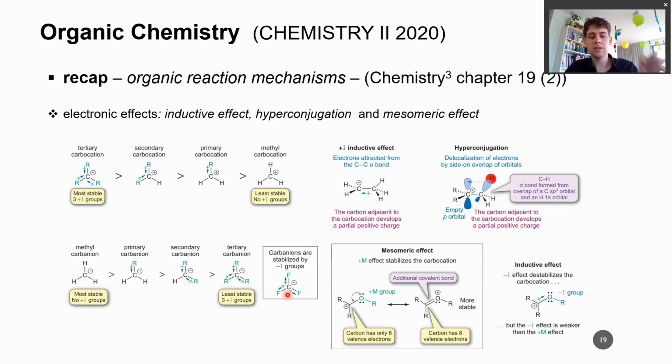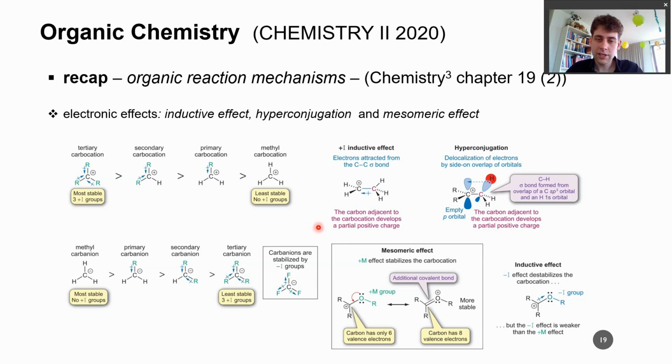So the fluorine atoms just pull on the electron density and diminish it, and thus the carbanion is stabilized. So we can summarize: carbanions are stabilized by minus inductive effects or negative inductive effects, so minus I groups, whereas for carbocations, it's the other way around. They are more stabilized if we have plus I substituents because they push electron density onto the electron-deficient center.